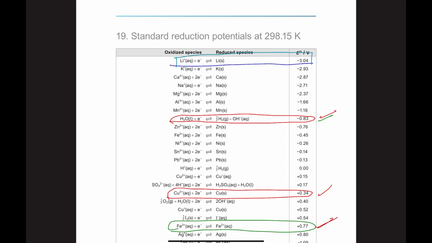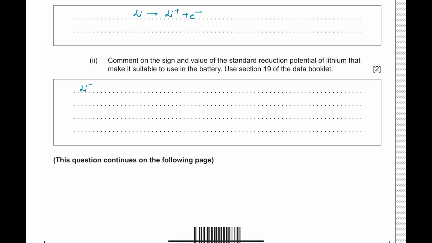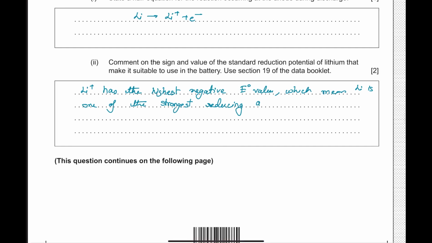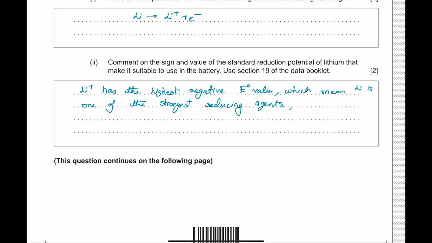So write the answer like this: Li+ has the highest negative E0 value, which means Li is one of the strongest reducing agents, and hence can be used in a battery.